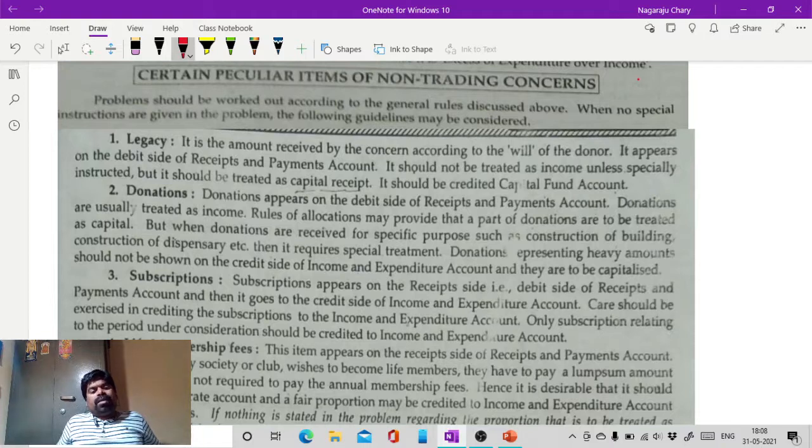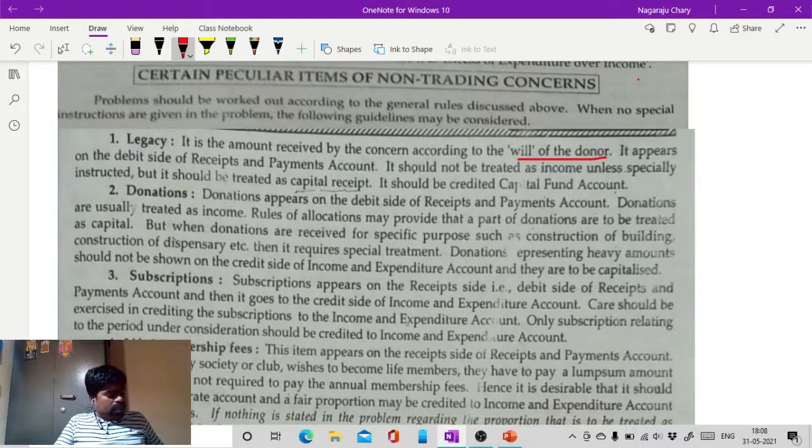So you see legacy. So what is legacy? Legacy is the will of the donor. So the amount received by the concern according to the will of the donor.